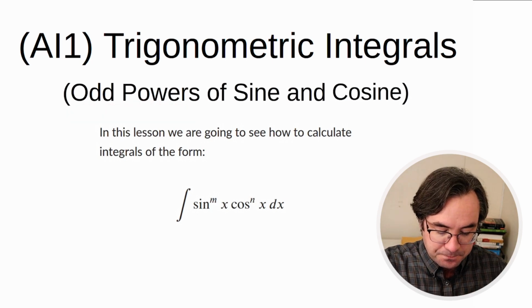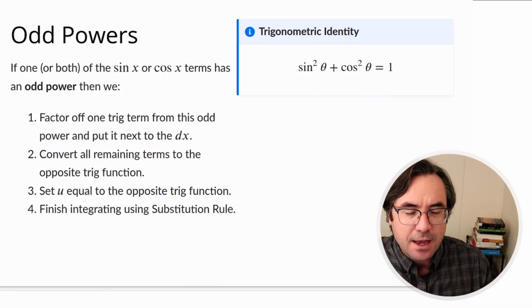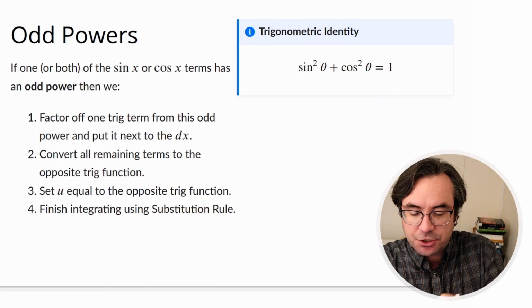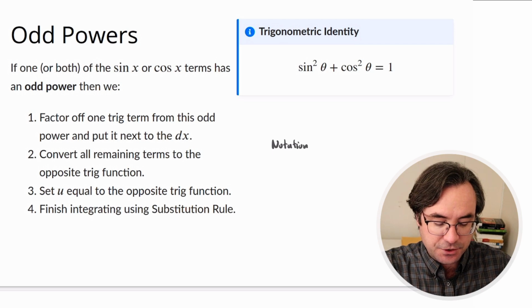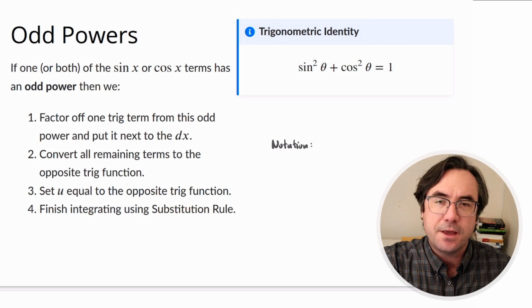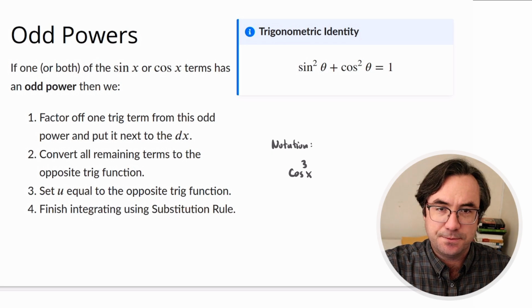All right, so first, before we even get to the strategy, I just want to make a little notational remark here when we're talking about powers of sine and cosine and other trig functions as well. So in the first example that we're going to do, we have cosine of x cubed.